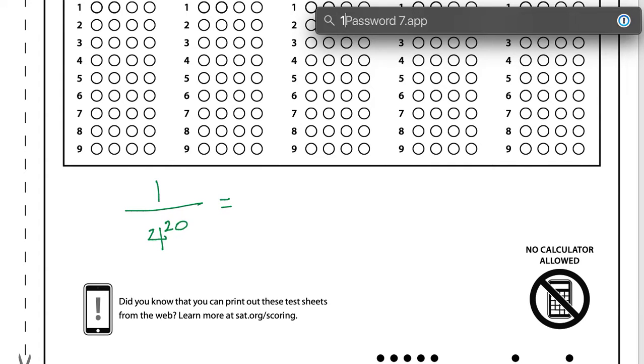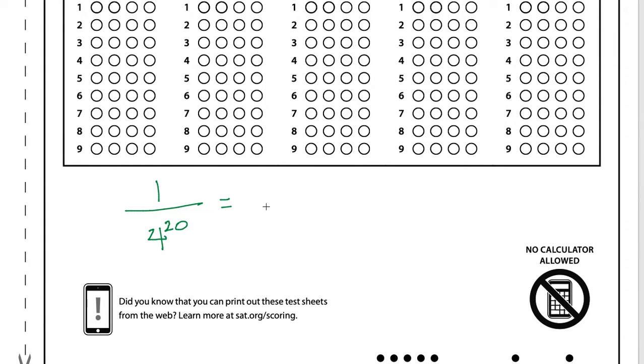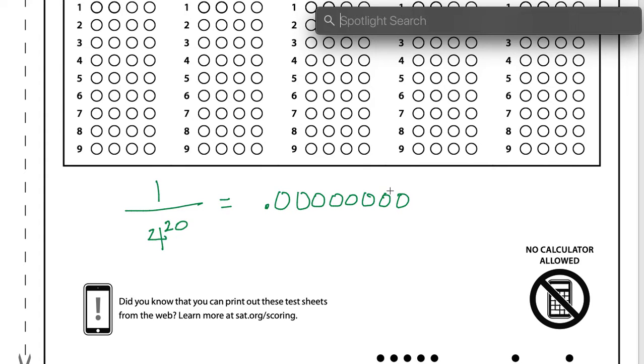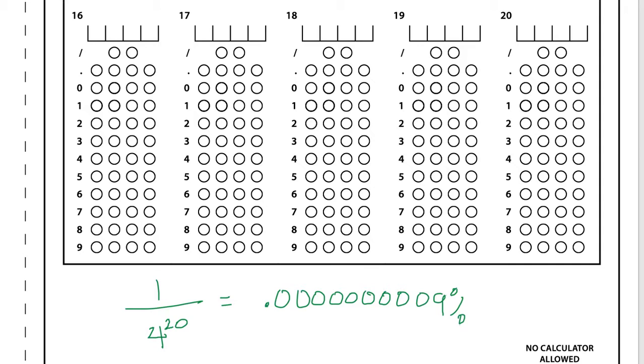So what is 1 divided by 4 to the power of 20? Then I have to multiply by 100 to change it into a percent. You have 10 zeros in front of this, then 0.1, 2, 3, 4, 5, 6, 7, 8. But there's still a small possibility: a 0.9% chance of getting them all right just on section 3 if you guess on all of them.